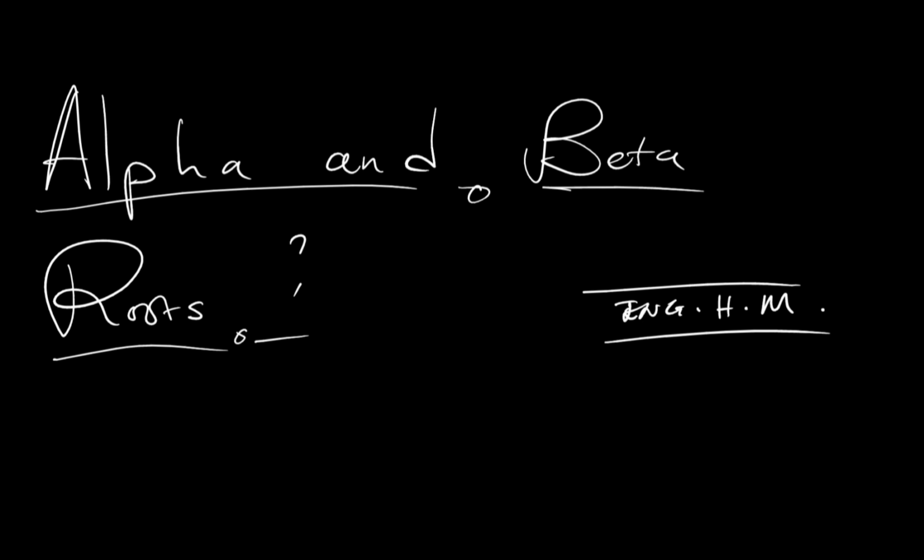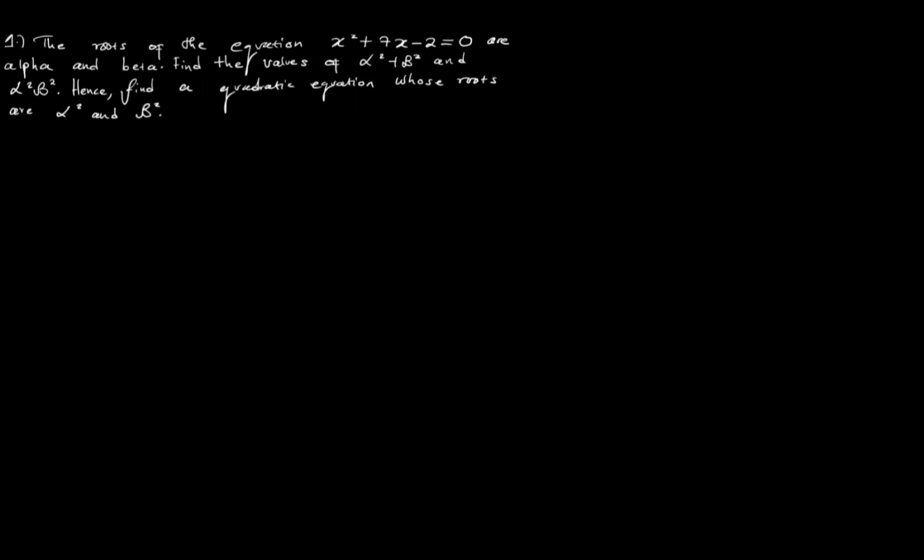All right, let's get to it. I basically want you to understand this with an example. From one of the questions that your friend gave, we have this question. It says the roots of the equation x squared plus 7x minus 2 is equal to 0 are alpha and beta. So I've been told the roots of this equation are alpha and beta.